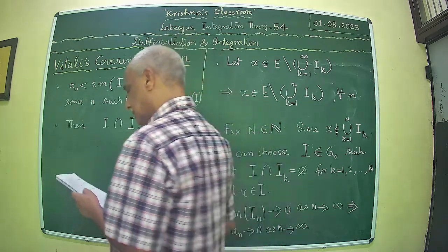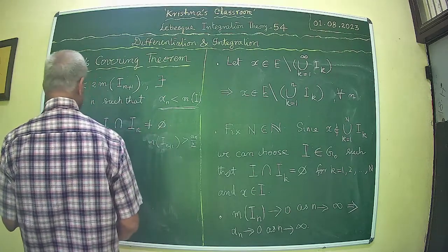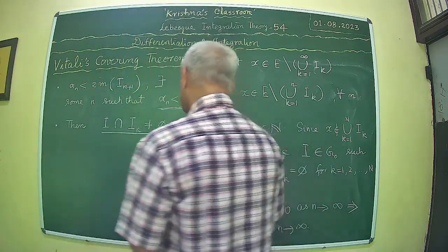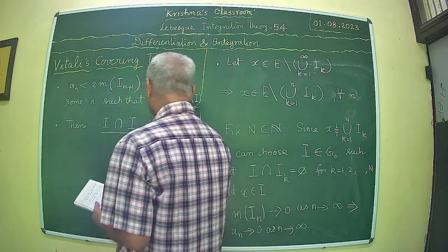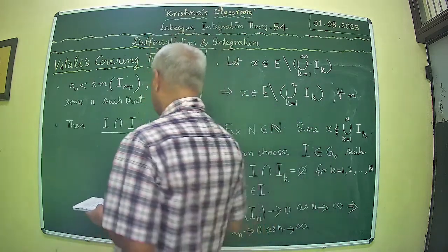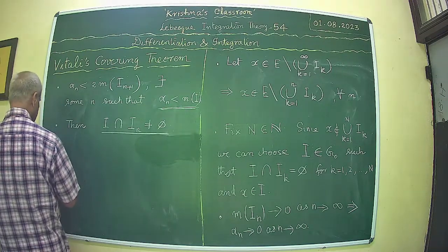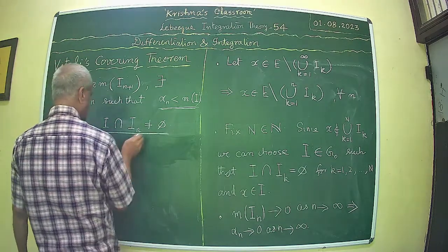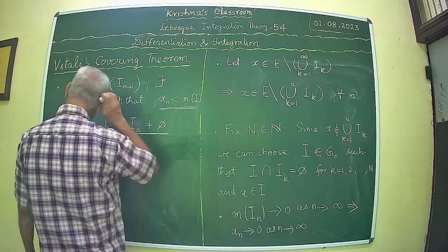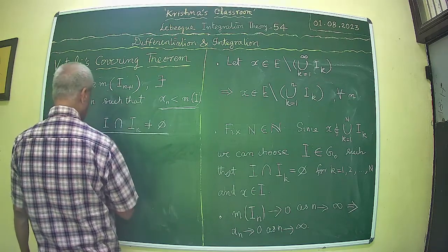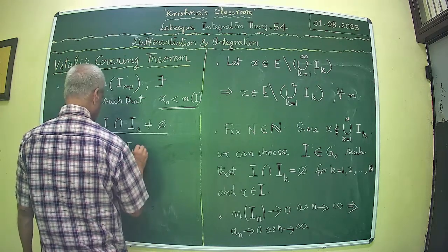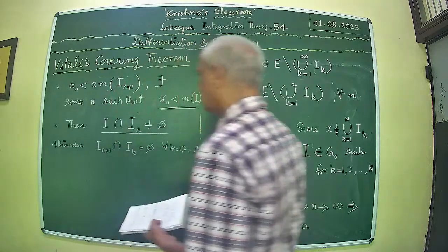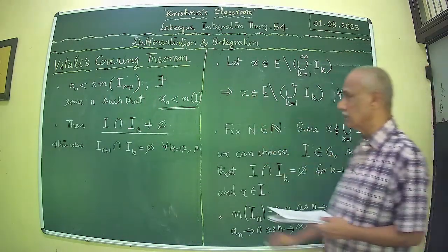So this is non-empty. That's the inference, because otherwise, our choice of I_{n+1} would be different. Therefore the particular I has this property.